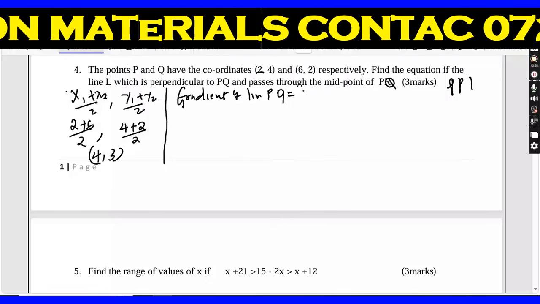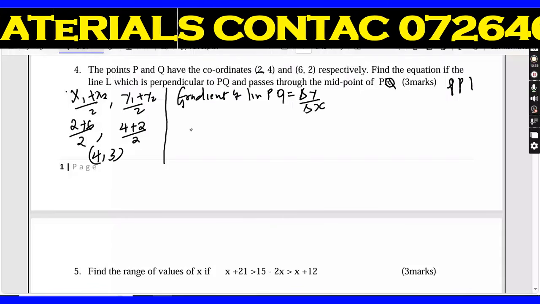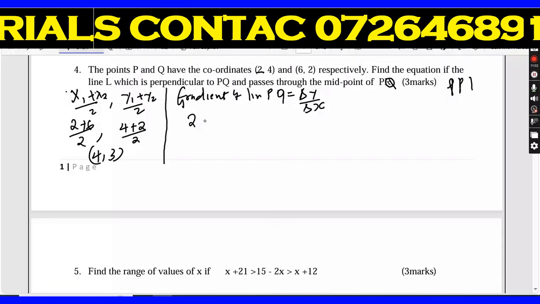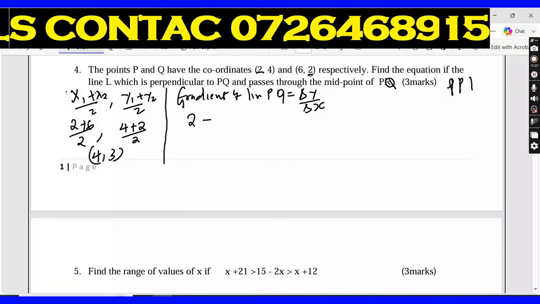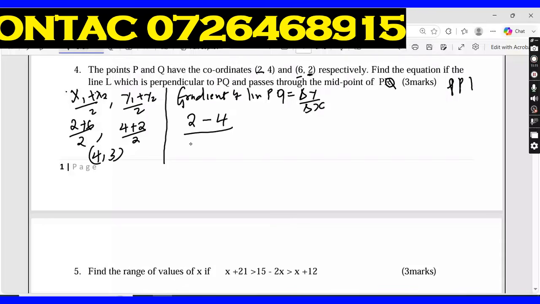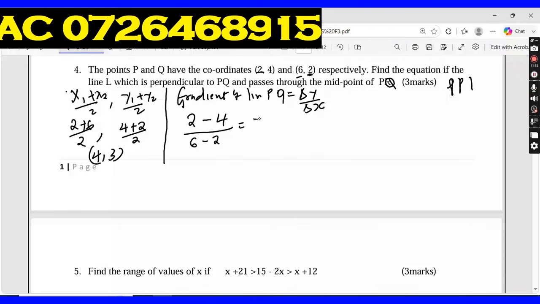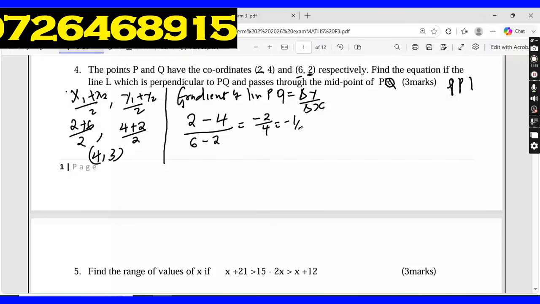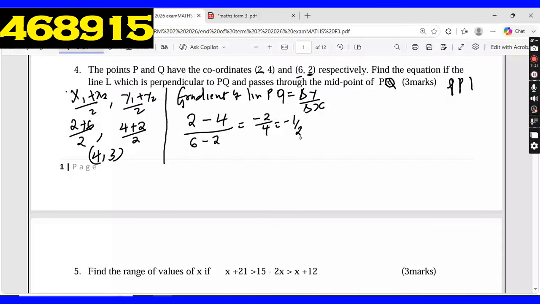So the gradient is equal to change in Y over change in X. We start with 2 minus 4, that is the Y coordinate, then 6 minus 2. That is negative 2 over 4, and that is negative a half. So the gradient is negative a half of PQ.